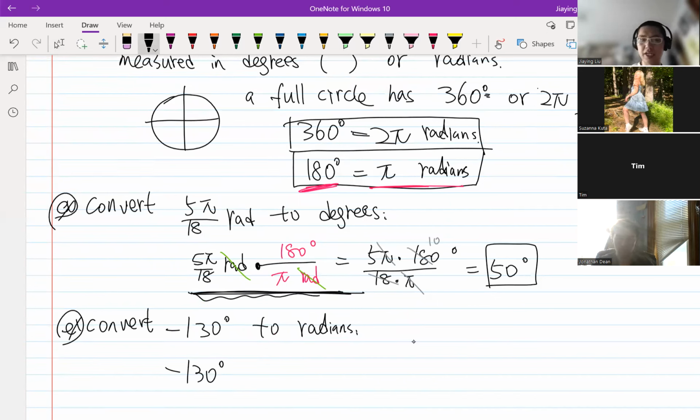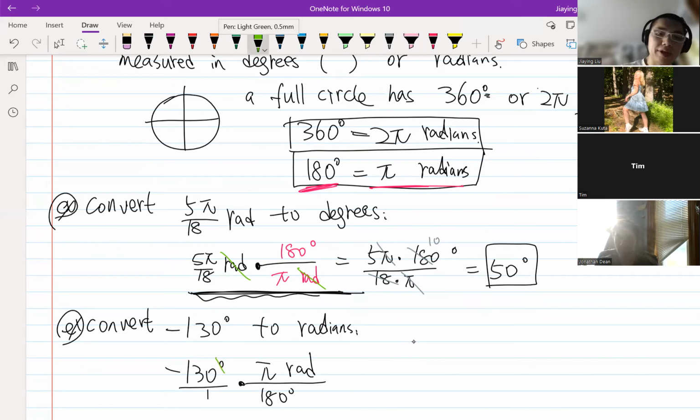Now, it's not in the denominator, right? The denominator is 1, so the degrees is in the numerator. So I'm going to multiply by this ratio from the conversion in such a way that I want the degrees to cancel. So 130 degrees is in the numerator, so I'm going to put 180 degrees in the denominator and the pi radians in the numerator.